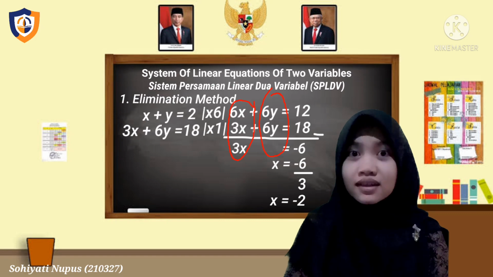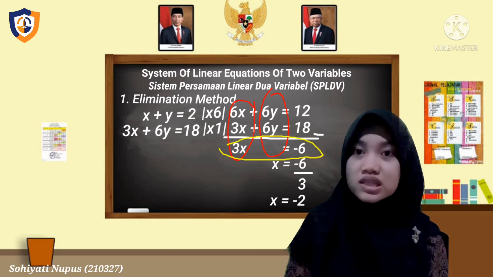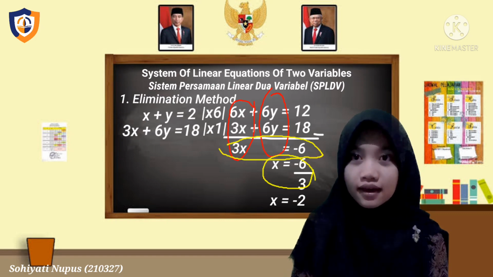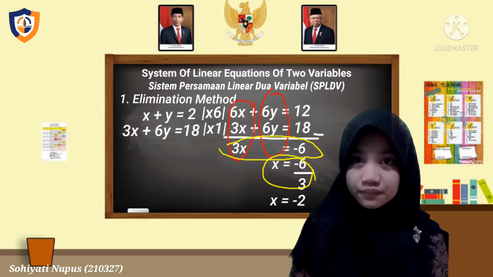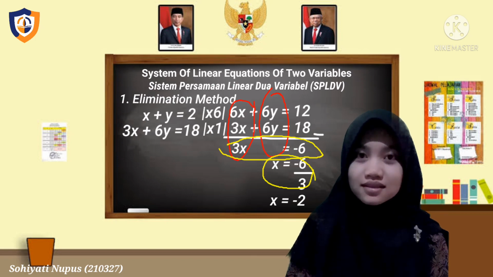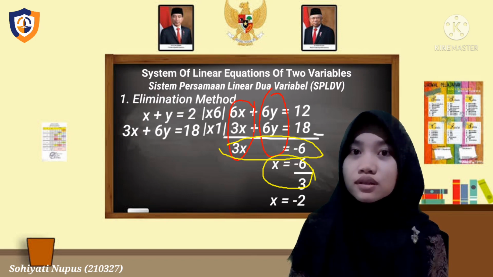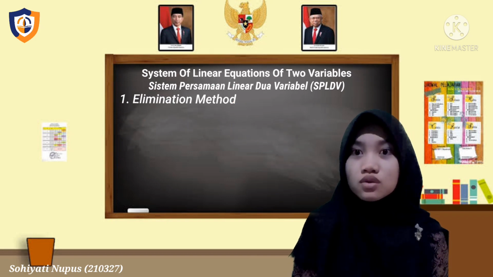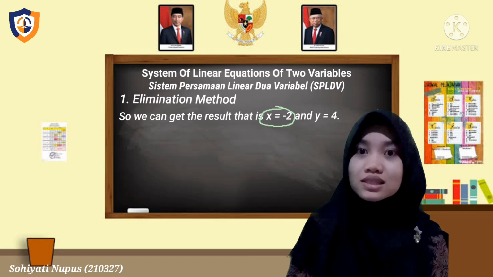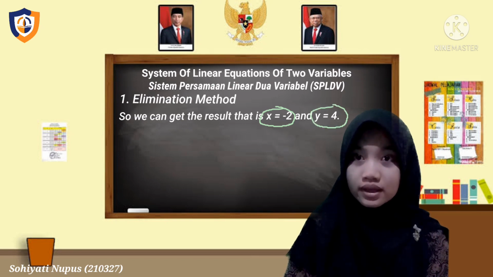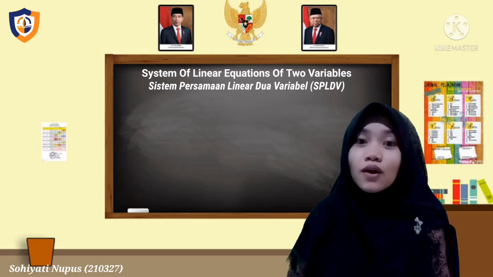Then we get 3x equals minus 6. x equals minus 6 divided by 3. The result is x equals minus 2. So we get x equals minus 2 and y equals 4.